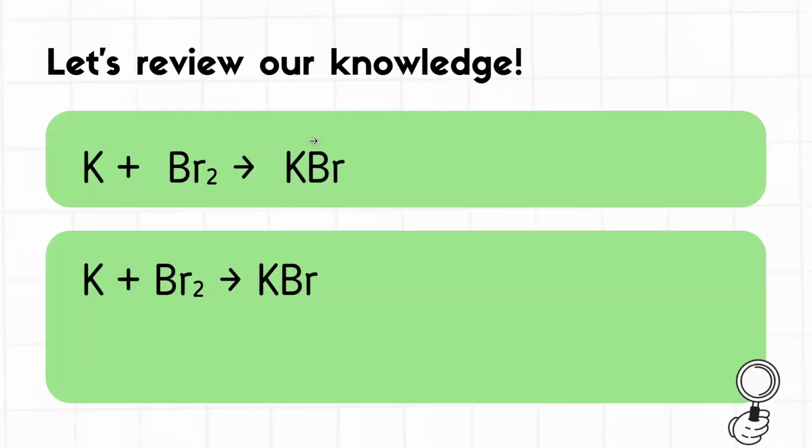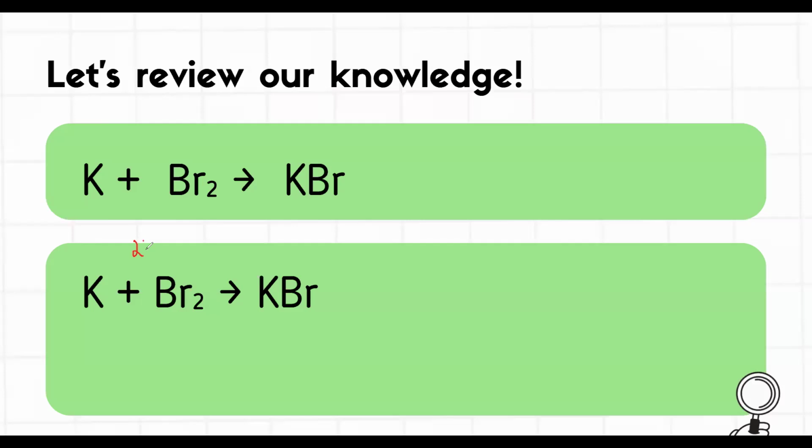Let's do another. K plus Br2 gives you KBr. So we have to balance the bromide here as the potassiums are already balanced. But it applies to the K, which is potassium also.